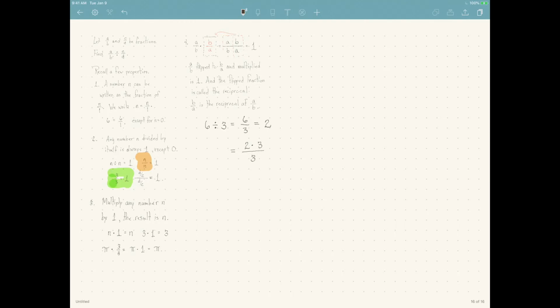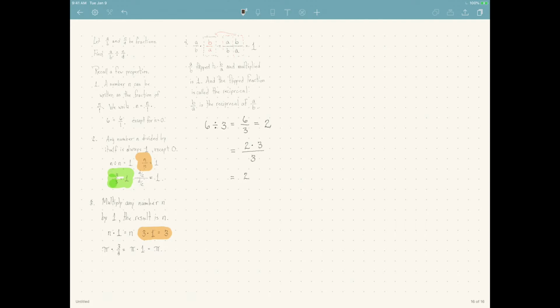Now, also, we said that you can take any number and multiply it by 1. For example, we said that 3 is the same as 3 times 1. So let's utilize that in both the numerator and the denominator.